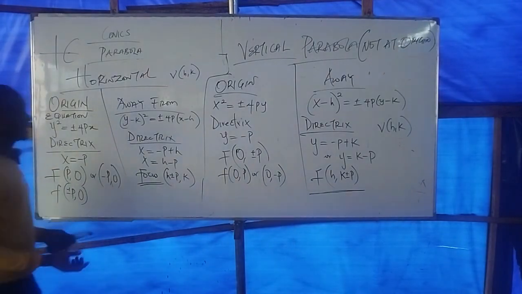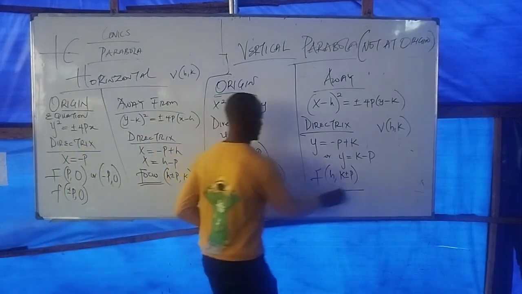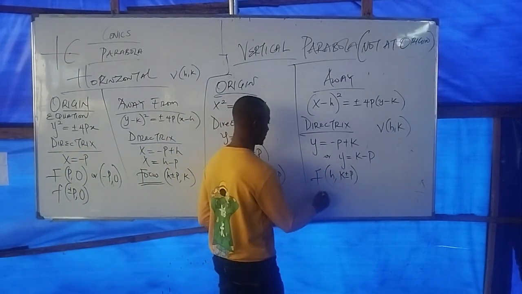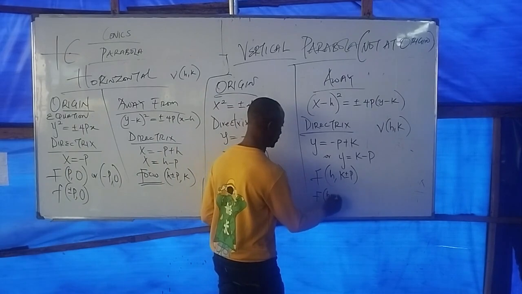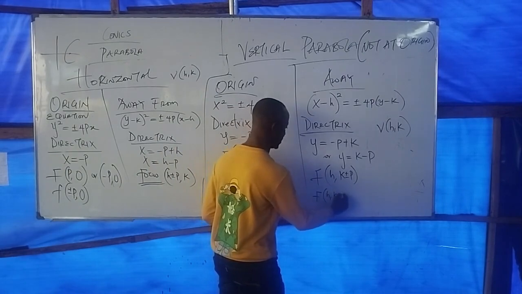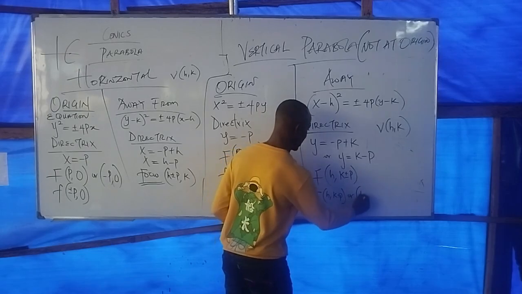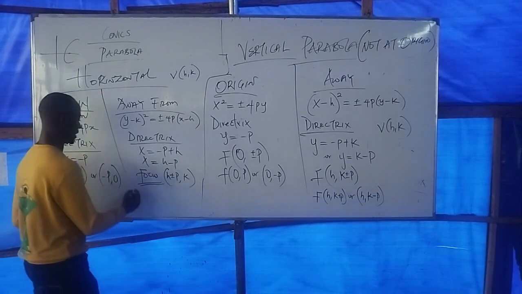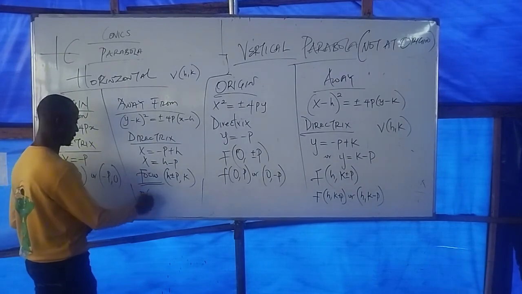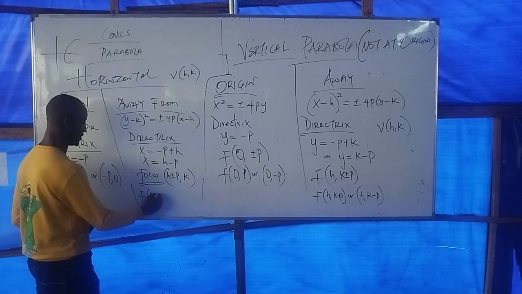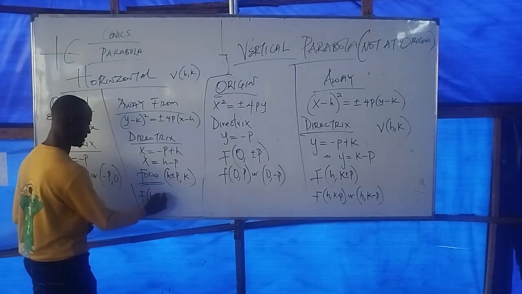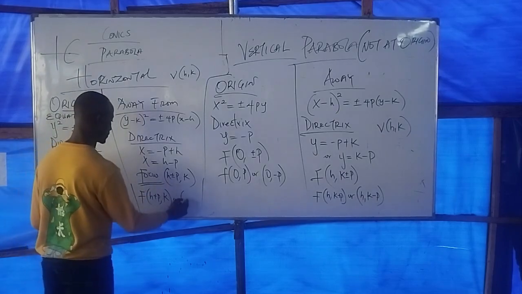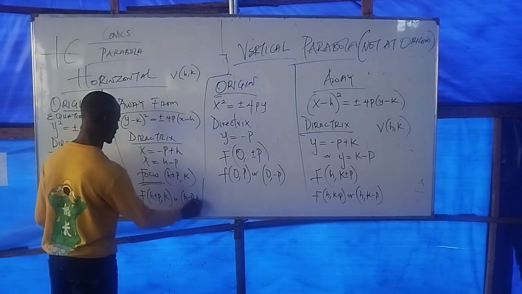I hope we are aware that we can also expand this: the focus is (h, k plus p) or (h, k minus p). Likewise for the horizontal case, the focus is (h plus p, k) or (h minus p, k).